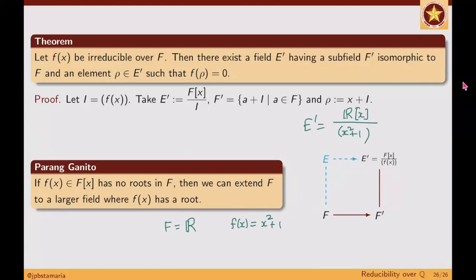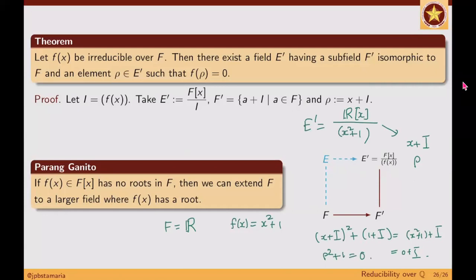Lagi nyo nakikita yan. Ito, meron tong element, ang pangalan x plus I. Yung x plus I na yan, pag in-square nyo, tapos mag-add ka ng 1 plus I, anong lalabas? Which is congruent to 0, kaya ito yung 0 plus I. Nakita nyo? Kung tatawagin mong rho ito, parang sinasabi mo rho squared plus 1 equals 0.